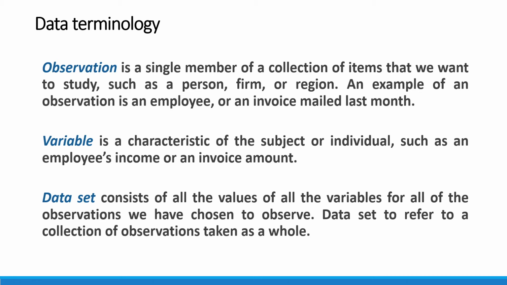So the data set in this example refers to the 100 observations, the 100 employees, and their respective 5 variables, which are name, age, income, position, and gender.